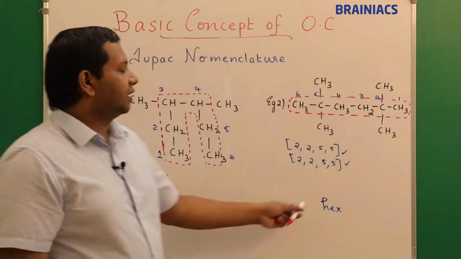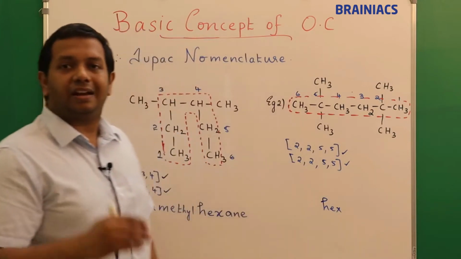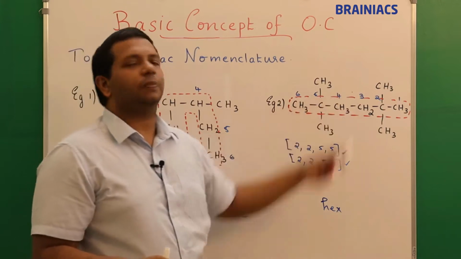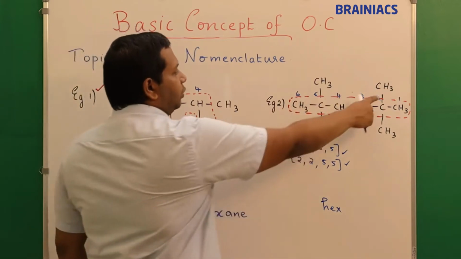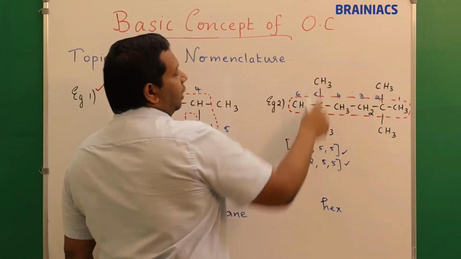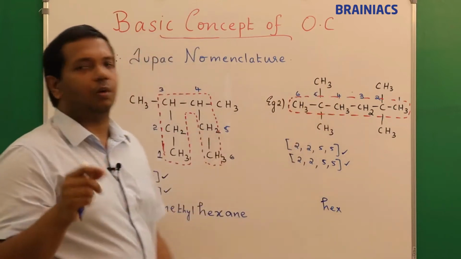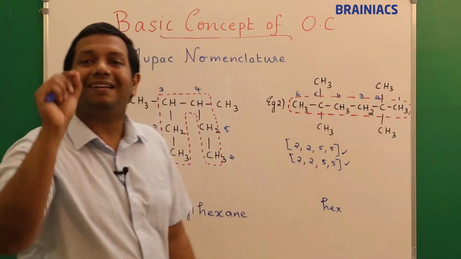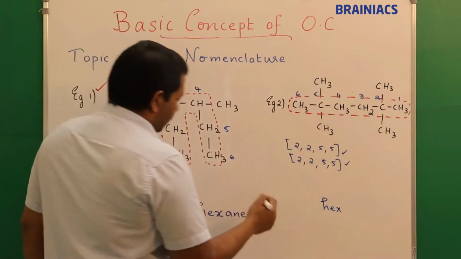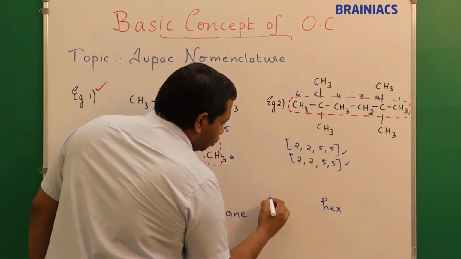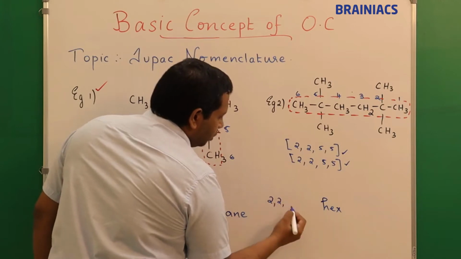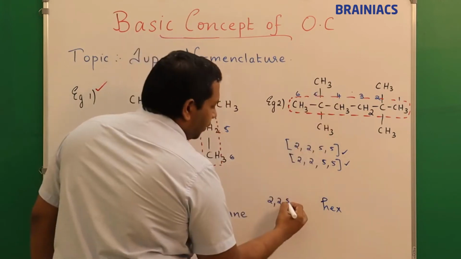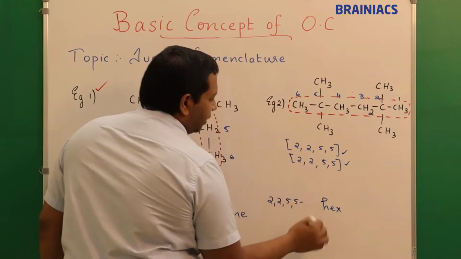Now, I know that primary prefix is not there. Secondary prefix, that is substituents: yes, it is present. I know that at 2, 2 you have and 5, 5 you have. So all are similar substituents, which means I can use the term tetra. So how will you write? I can write 2,2,5,5, separated by hyphen.